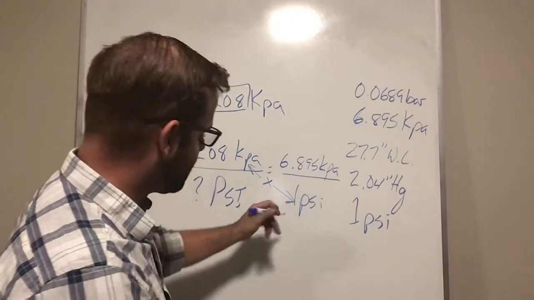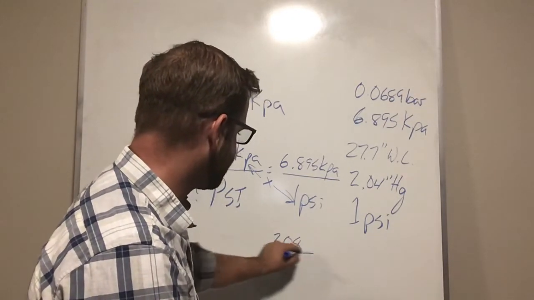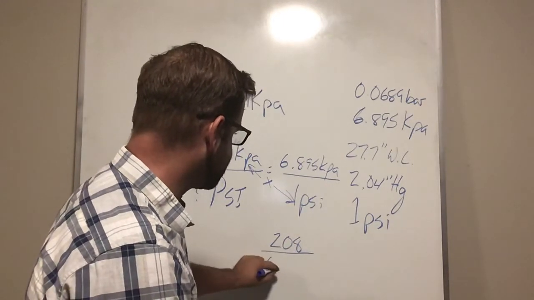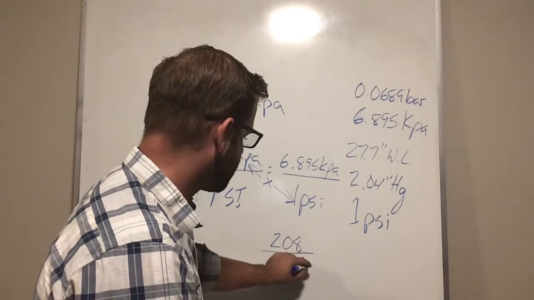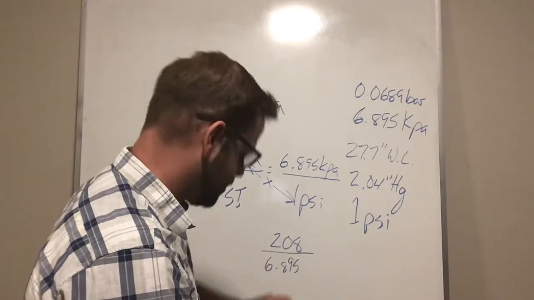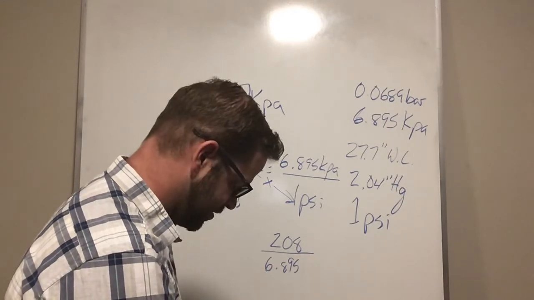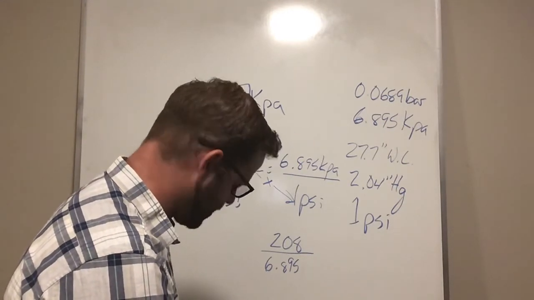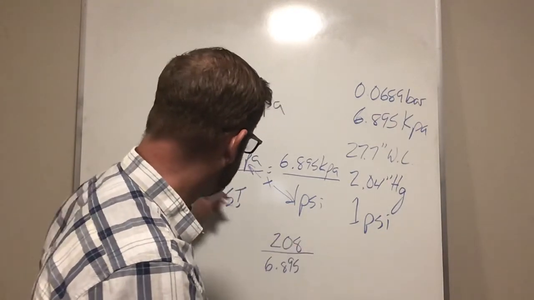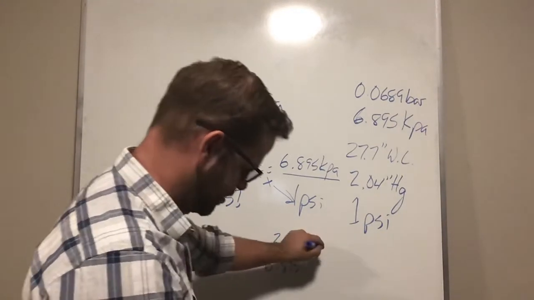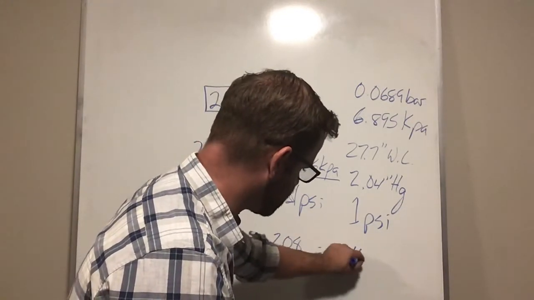So 208 times 1 is 208. And I divide by 6.895. 208 divided by 6.895, and that gives me a value here that equals 30.166.